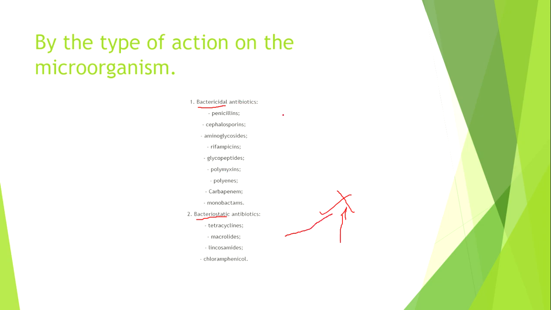And bactericidal antibiotics actually kill the microorganism. So bactericidal antibiotics: penicillins, cephalosporins, aminoglycosides, rifampicins, glycopeptides, polymyxins, polyenes, carbapenems, monobactams. And bacteriostatic antibiotics: tetracyclines, macrolides, lincosamides, chloramphenicol.